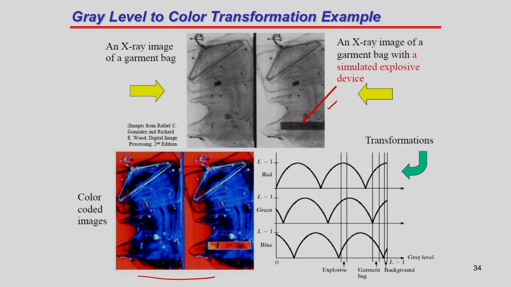And if you see these sinusoids, the frequency and the phase of these sinusoids are not same. Then in this case corresponding to a particular portion, I can assign a particular color based on the R value, based on the G value and based on the blue value.